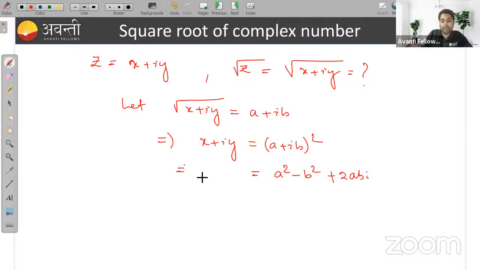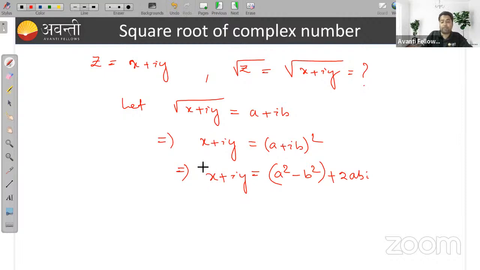So here I'm getting the equation x plus iy is equal to a square minus b square plus 2abi. Now on the right-hand side of this equation, you can observe there is also a complex number, which has the real part a square minus b square and the imaginary part 2ab.